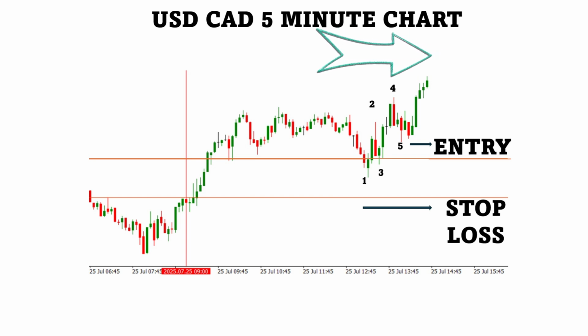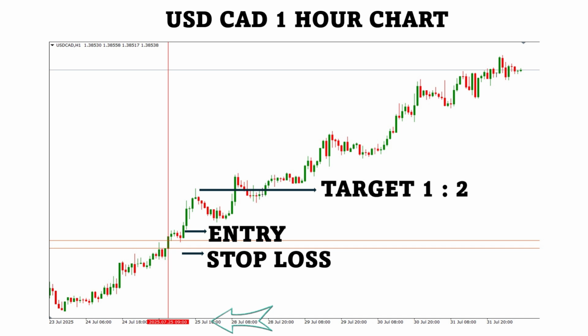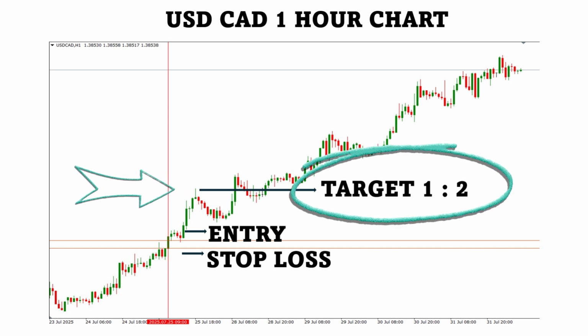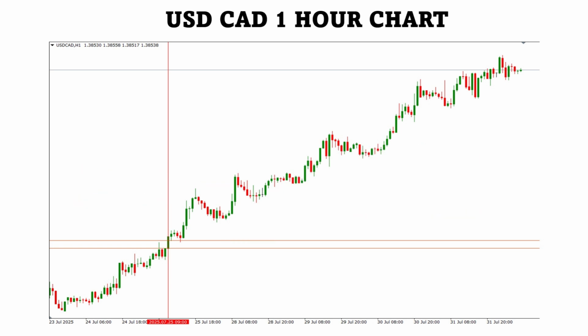Now let us go into a 1 hour chart and see how the price moves. As you can see, same 2025, 0725. Within few hours, the price reached our target and gave the take profit of 1:2. But what is more interesting is look at this beautiful movement of the chart.